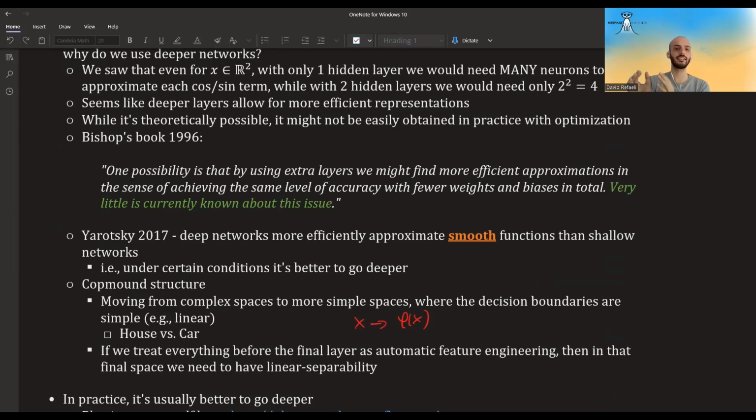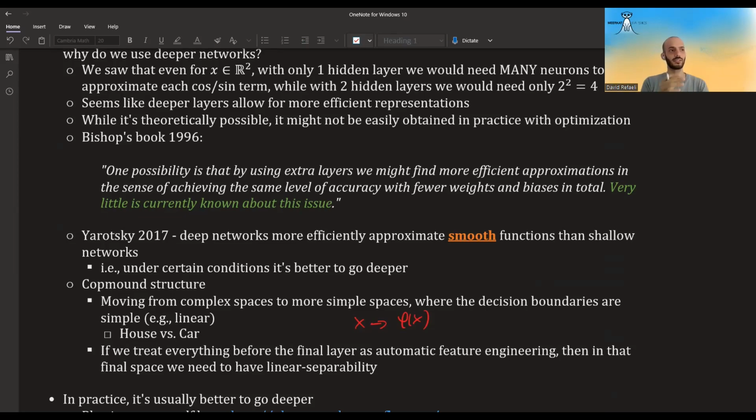And so in that final layer, it has to be that these features are linearly separable. So you could say that having deeper layers moves you from complex spaces to more and more simplified spaces where the decision boundaries become more and more simple.